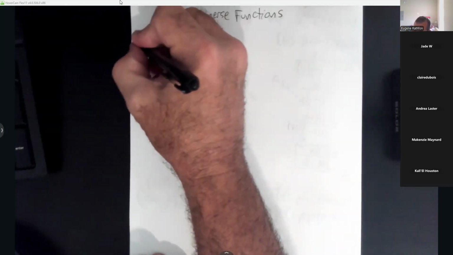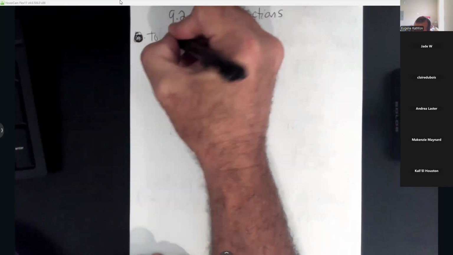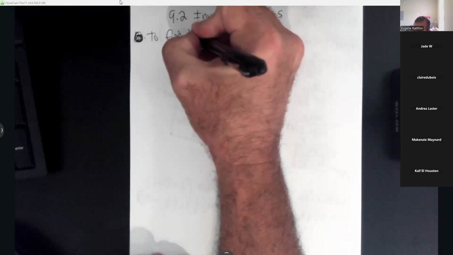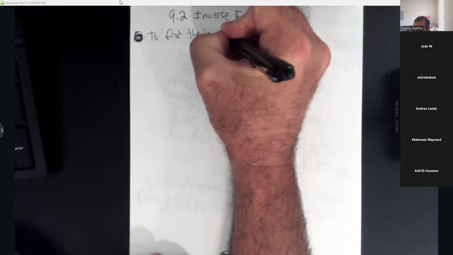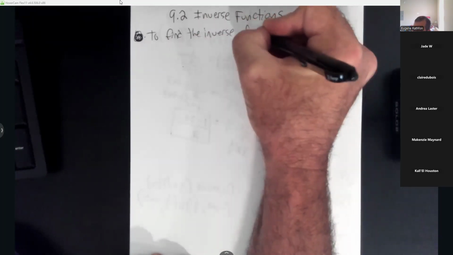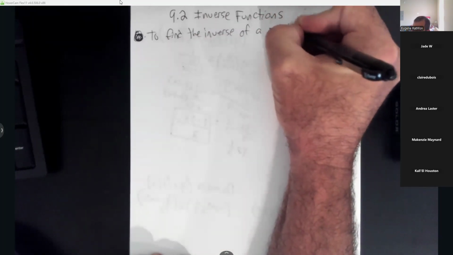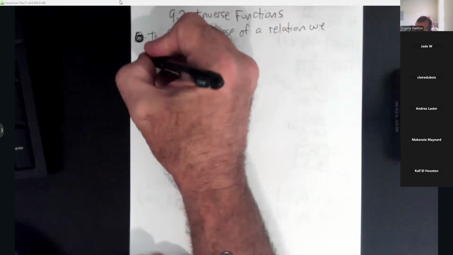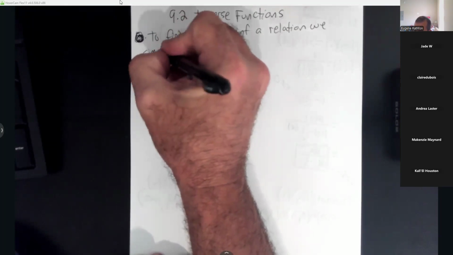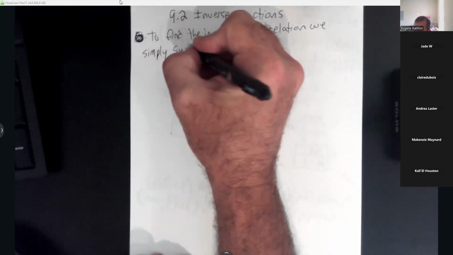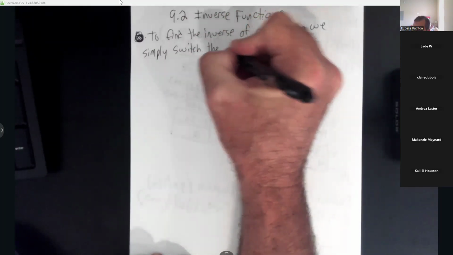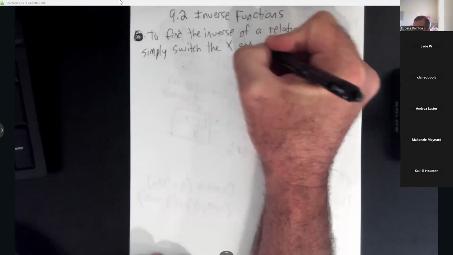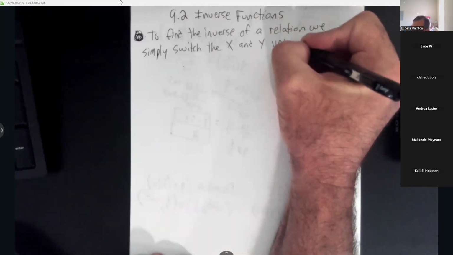So, to find the inverse of a relation, we simply switch the x and y values.